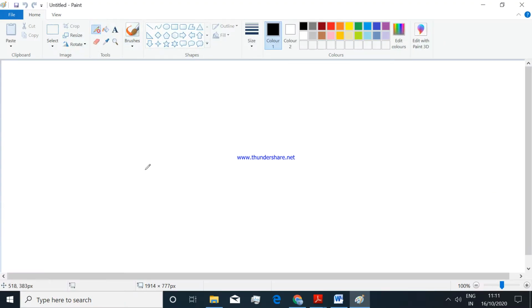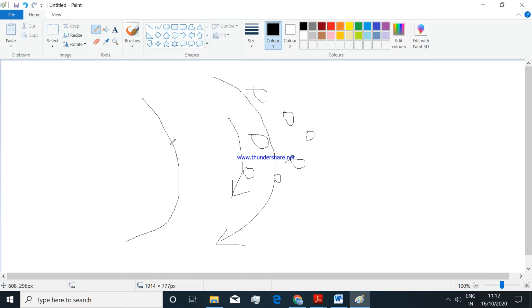Suppose this is the outer region of a protosun, and there are some smaller bodies or planetesimals or embryos, and they are moving around the protosun in their own velocity and motion.